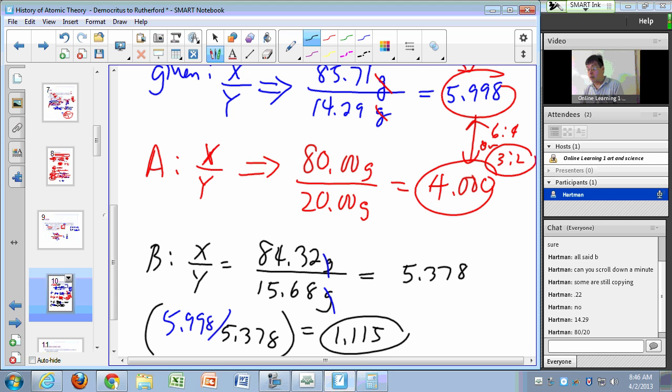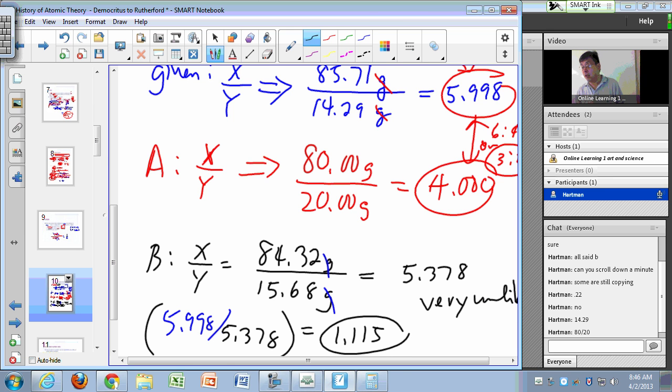Okay? So that's like 1.115 to 1. That's not a small whole number ratio. So it's very unlikely then that B is another compound of X and Y.